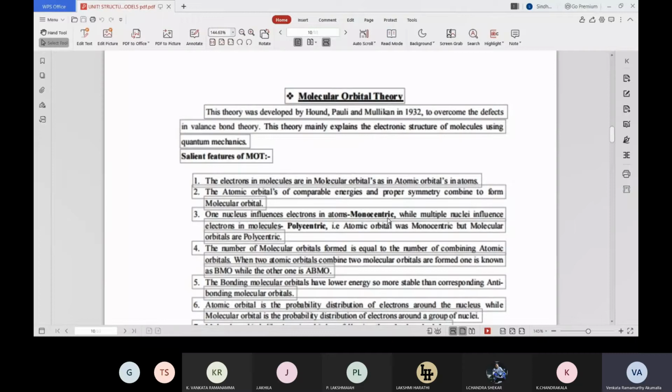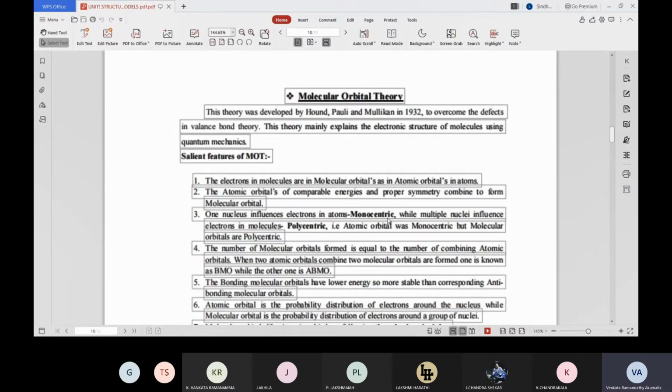BMO means bonding molecular orbital, and ABMO means anti-bonding molecular orbital.